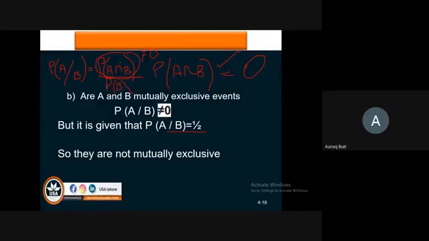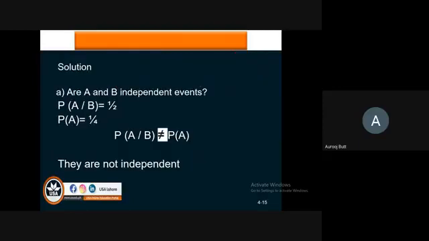Just because of that, probability A given B is equal to 1 by 2. So if probability A intersection B is not equal to 0, that means events are not mutually exclusive. Because for mutually exclusive events, we need to know that nothing should be common in between both the events, that is event A and event B. So in this case, events are not mutually exclusive.